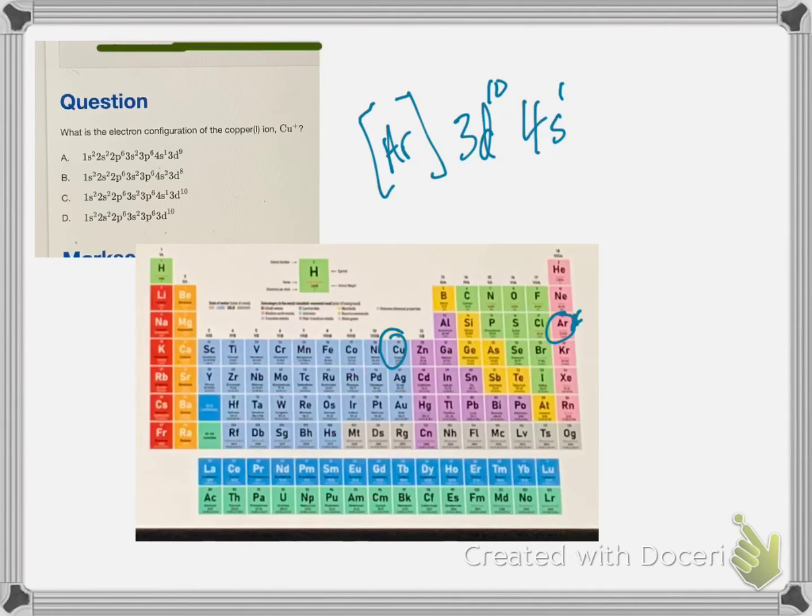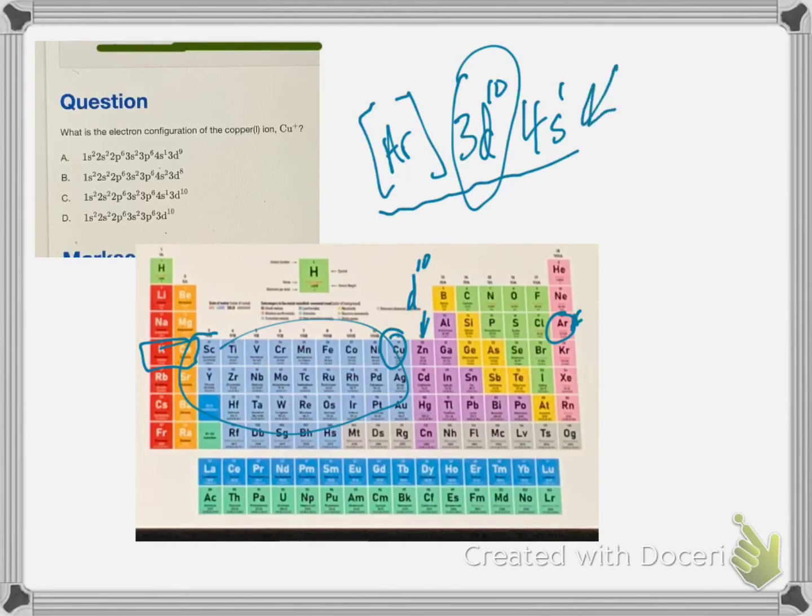Because copper has the full 3d10 subshell, which has a lower energy, it prefers filling up the 3d subshell with 10 electrons and leaving the 4s subshell with only 1 electron.